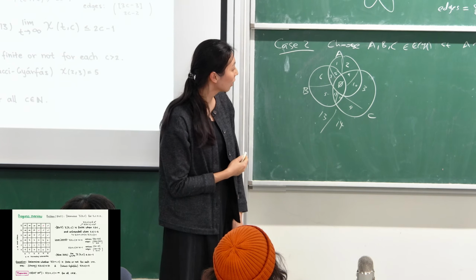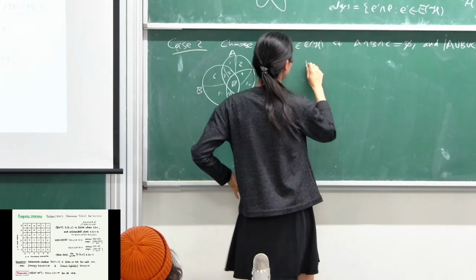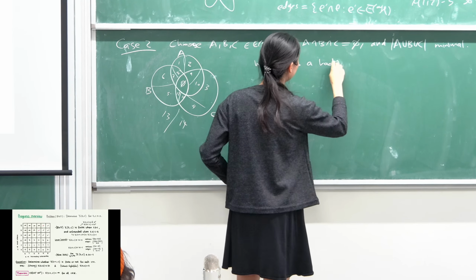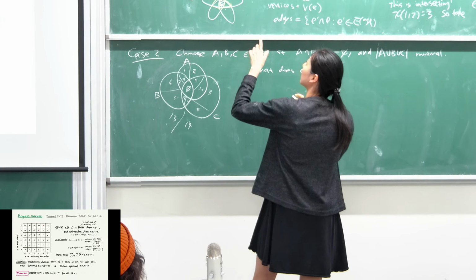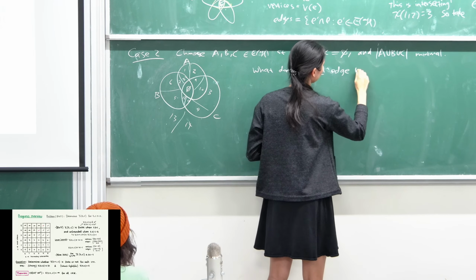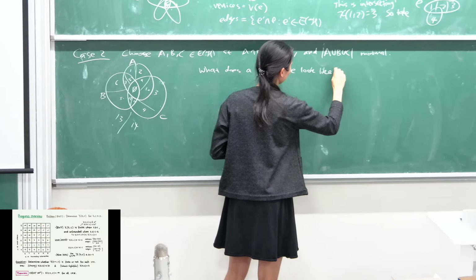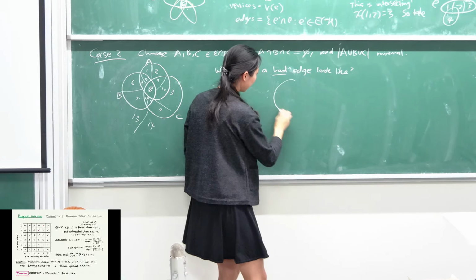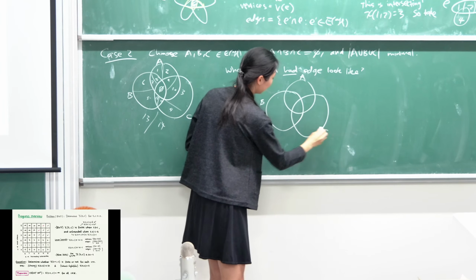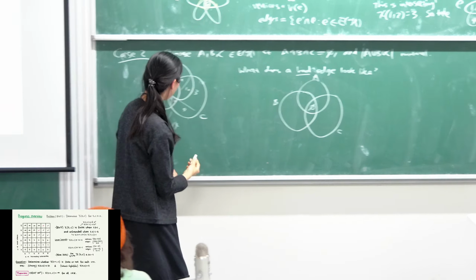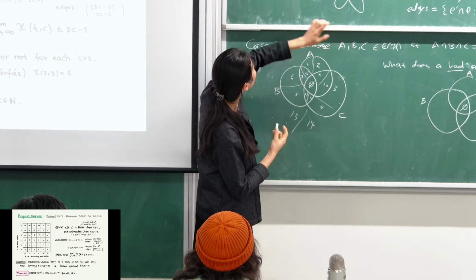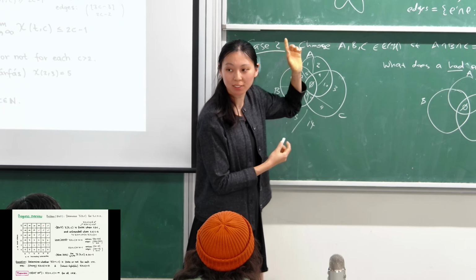It's fine. Okay, so now I want to analyze, what does a bad edge look like? And by bad, I always mean an edge that doesn't have enough colors. So in this case, does not have 3 colors. Okay, so if I draw my picture again here with A, B, C, and this is empty, the first thing I know is that my bad edge can see at most 2 colors, right?